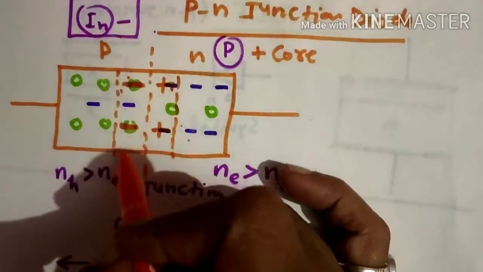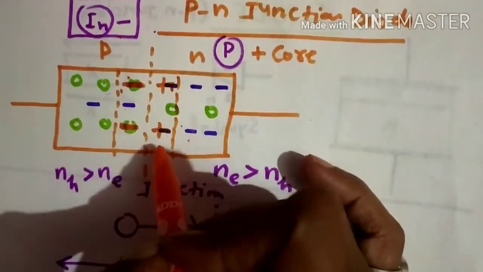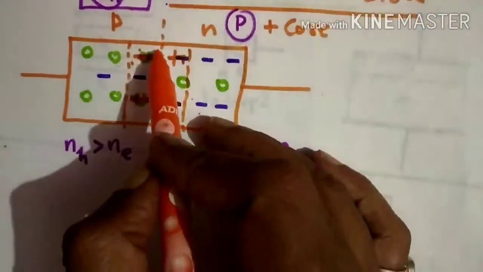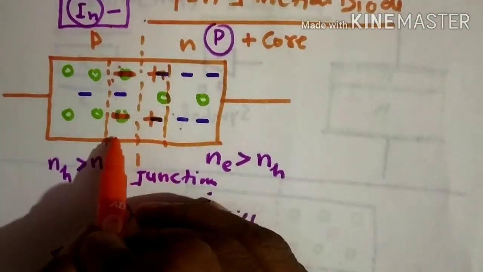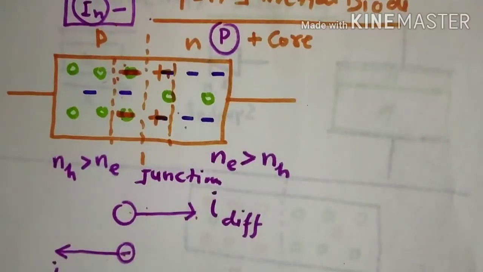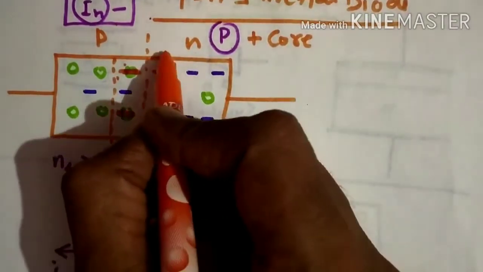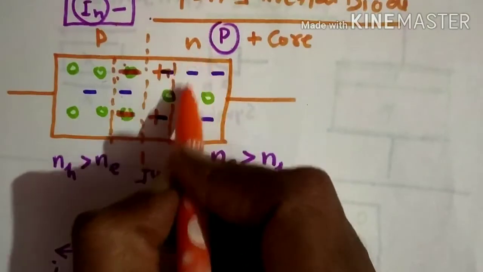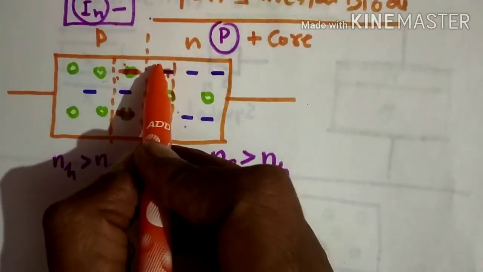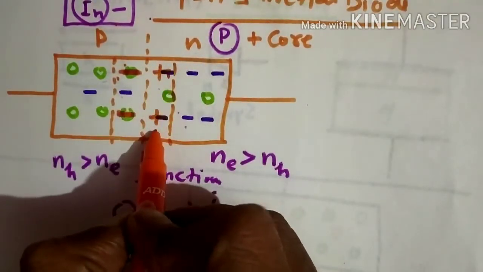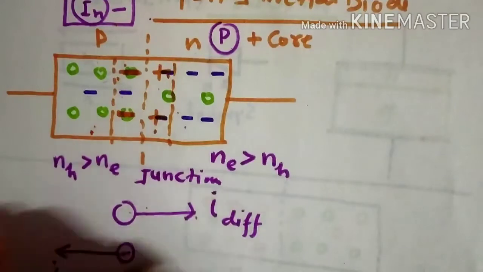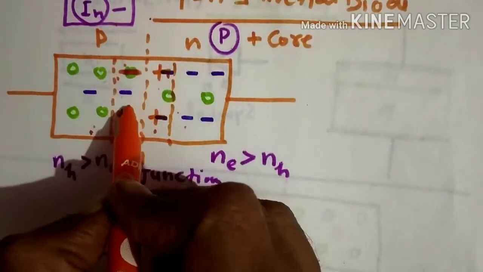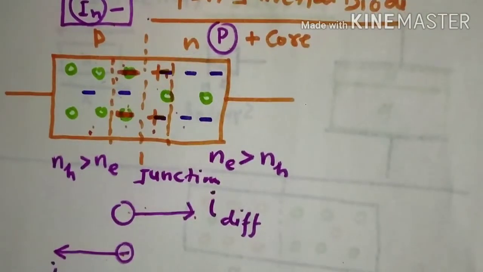So due to the deposition of these immobile charges near the junction, an electric field will be set up. You see, in the N type of semiconductor there is a positive immobile charge, and in the P region of the diode a negative immobile charge has accumulated.